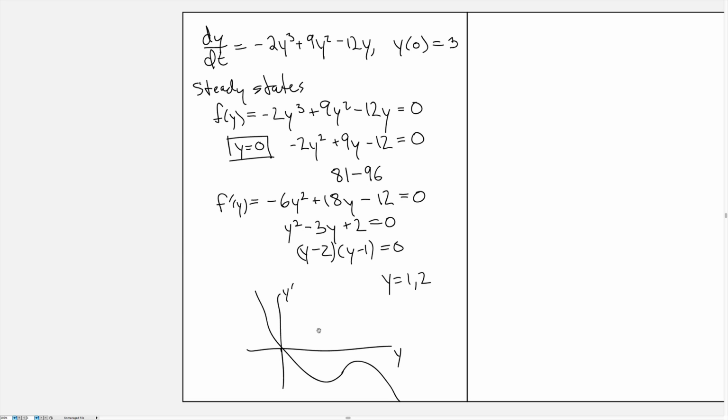What does this tell us about the way y is changing? For any positive value of y, we can see that y prime is negative because the graph is below the axis. And in some places, y prime is more negative, a large quantity. So we put a large arrow where the slope is very negative, and that means moving to the left with a large velocity.